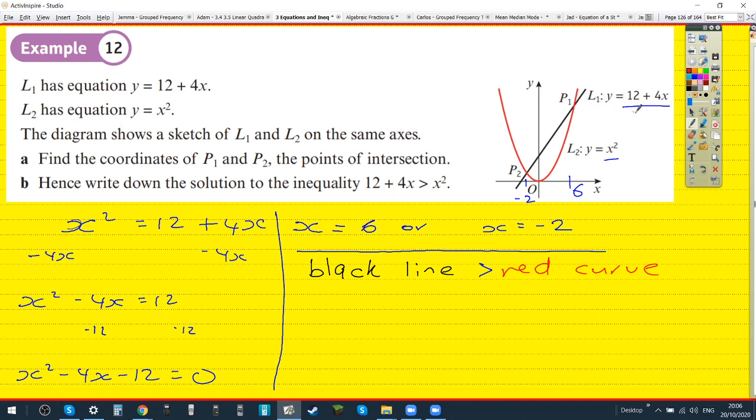So when is the red curve under the black line? When it's minus 2. There, the red curve is over the black line. At minus 2, they're exactly the same. So where is it that the black line is over the red curve? As in like all the way at the top of the red curve?